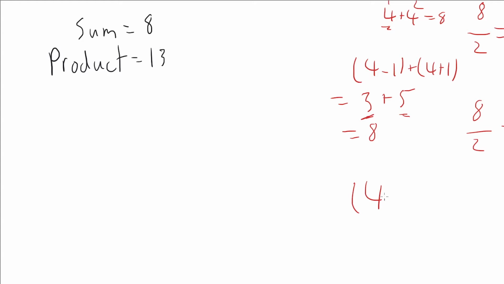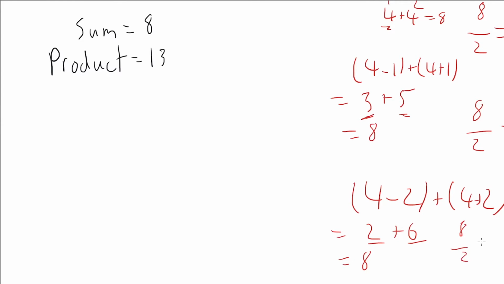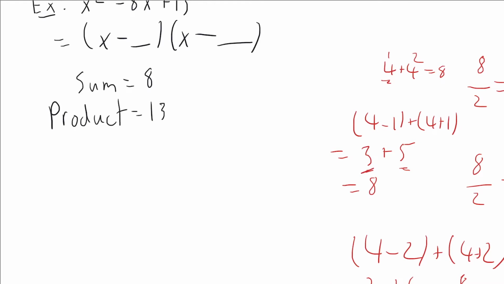Suppose we were to subtract 2 from the first 4 and then add 2. Well, then we have 2 plus 6 is equal to 8. Two numbers, 8 divided by 2, that is 4. So in order for two numbers to have a sum of 8, their average must be 4.